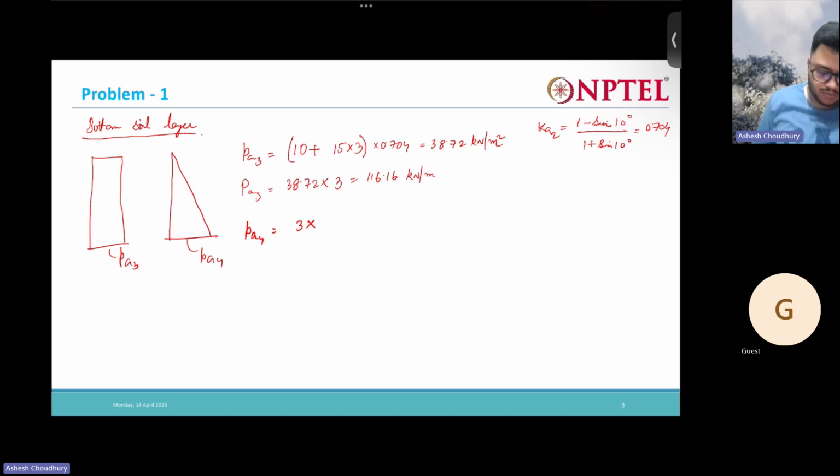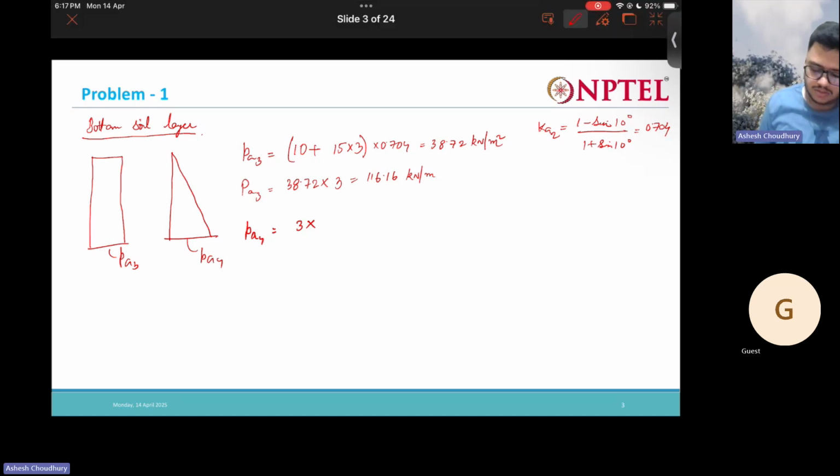Now see, the bottom soil is a c-phi soil, right? So if it is a c-phi soil, you will have a kind of negative zone that comes.